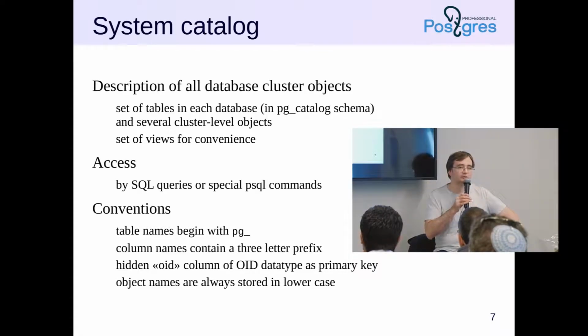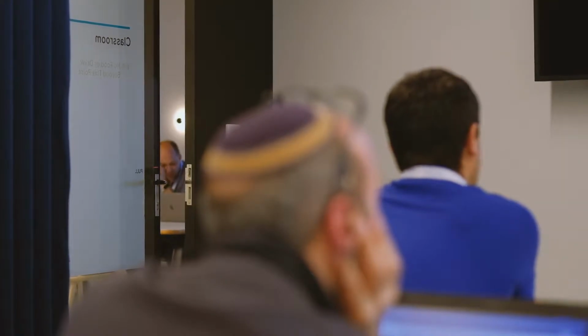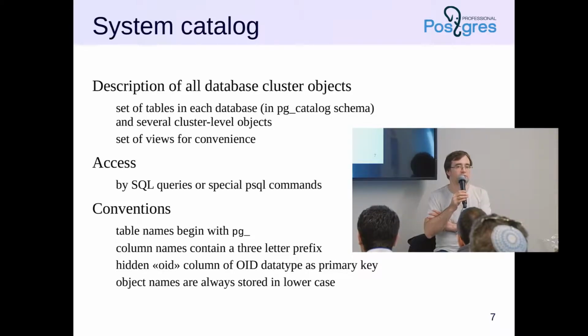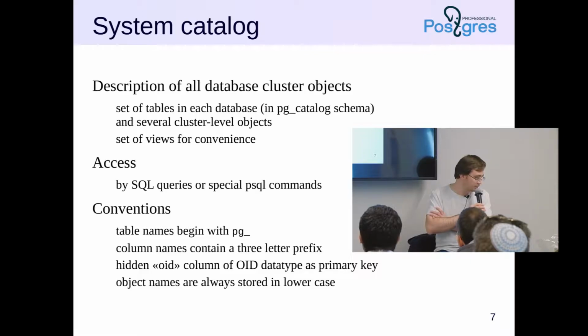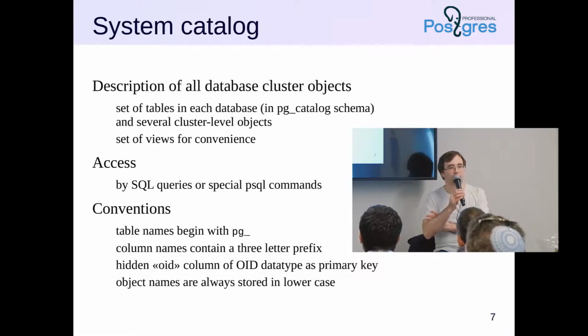All system catalog tables have primary keys, and this primary key is object identifier column. It is named OID. It is hidden by default, but you can type select OID and see this primary key. Another point, that object names are always stored in system catalog in lowercase.